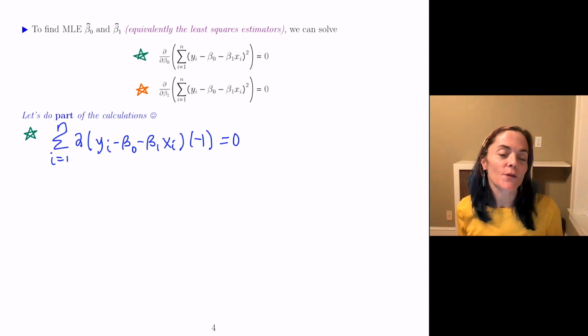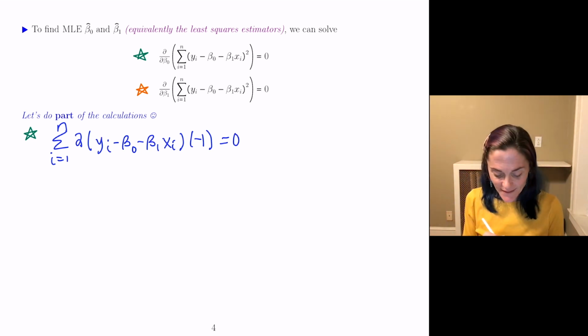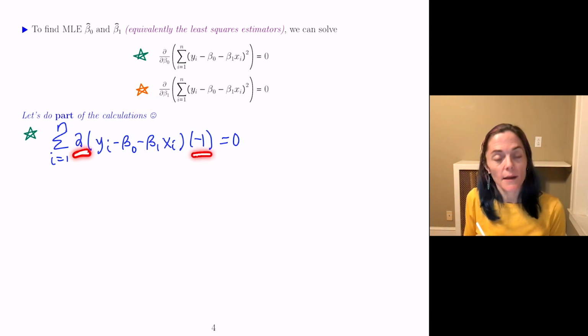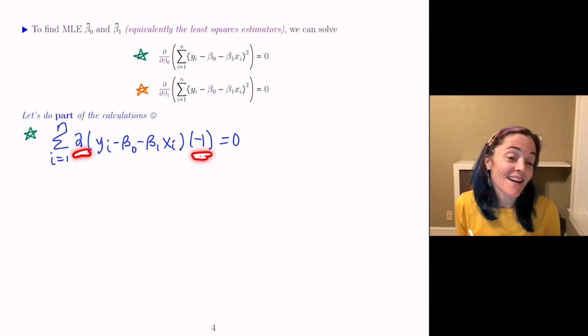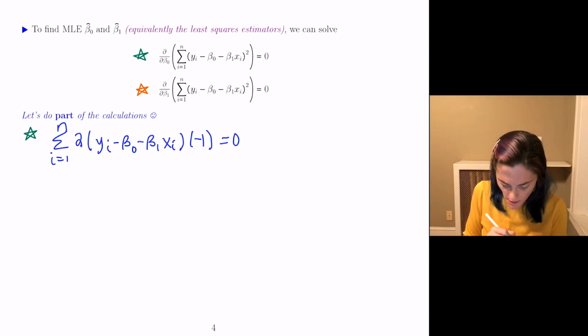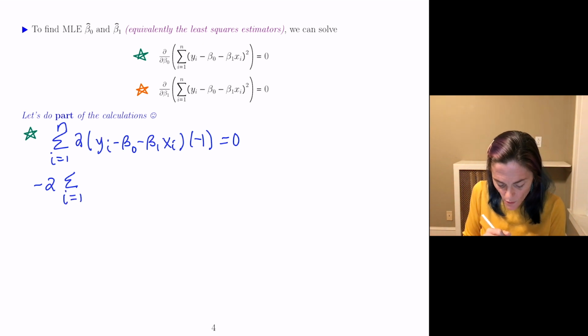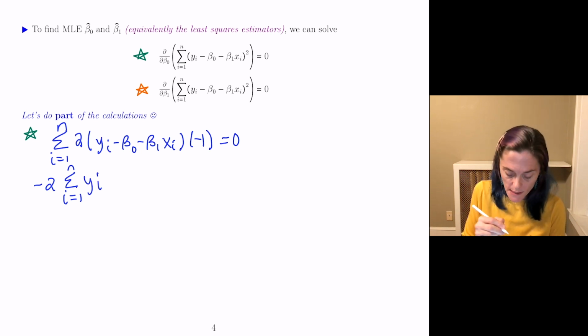Let's work with this further, and then we will do the orange one. First of all, I have a 2 and a -1. I can factor out a -2. Also note that there is no square here. And so this is just a sum, i equals 1 to n. We have yi. Let me put some parentheses here.